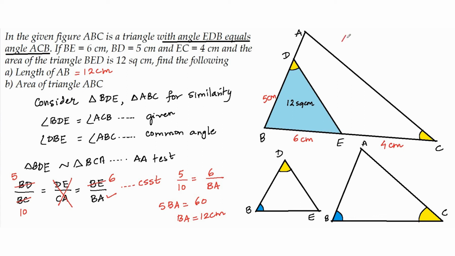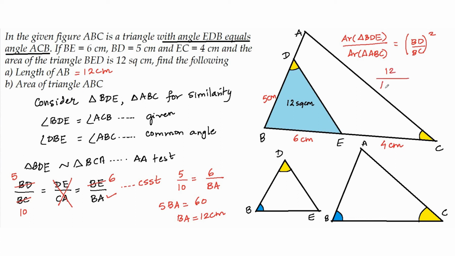So I can say area of triangle BDE divided by area of triangle ABC is equal to the square of their corresponding sides. So what are their corresponding sides? BD upon BC, the whole square. So how much is the area of BDE? The area of BDE is 12.